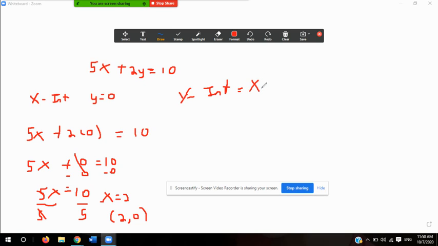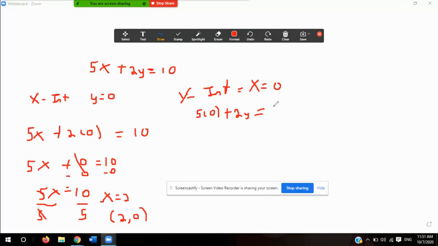And basically what that means is I'm going to do the same thing I did in my previous step, except that instead of saying 5x plus 2y, I'm actually going to say 5 times 0 plus 2y equals 10.